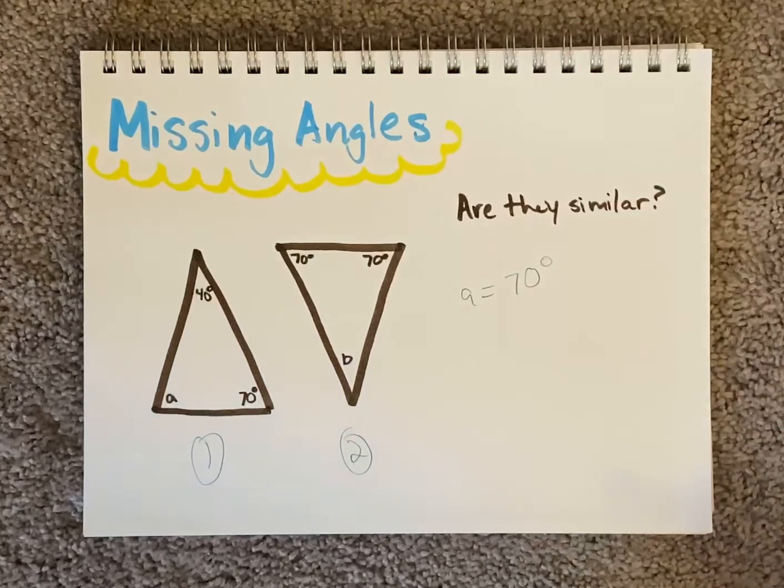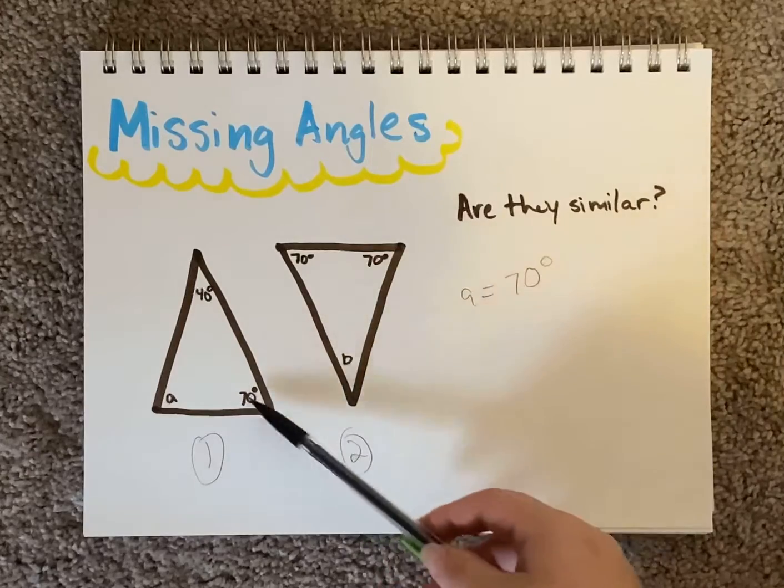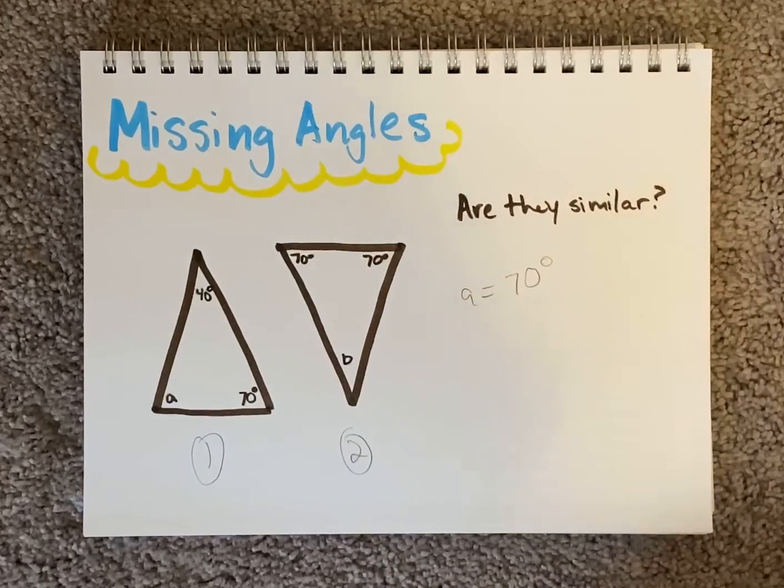Now remember, we're trying to also prove that these triangles are similar or congruent. We have already established that A is 70 degrees, so we can already show and prove that these two triangles are similar because they have two equal angles, 70 and 70, and 40 and 40 degrees.